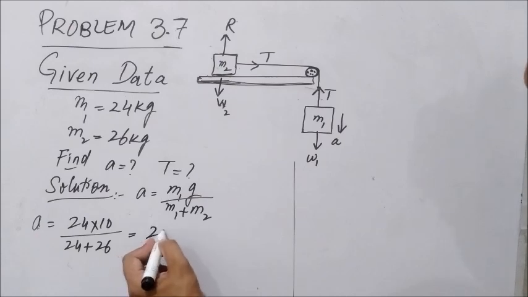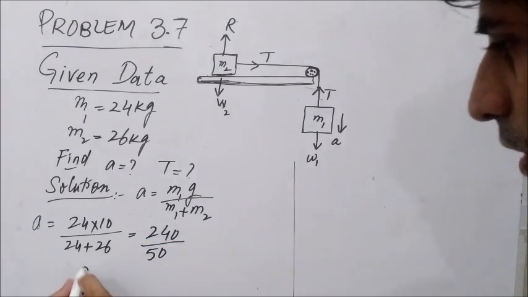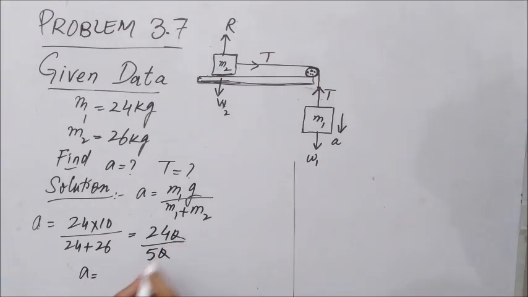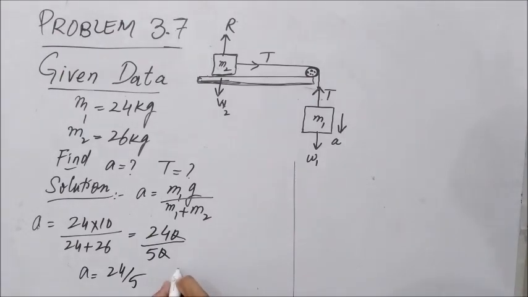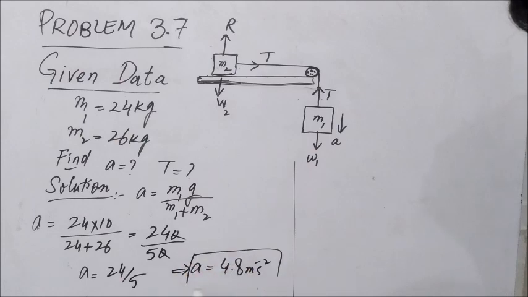So it will become 240 divided by 50. By dividing, it is 24 divided by 5. So the acceleration will be equal to 4.8 meter per second square.